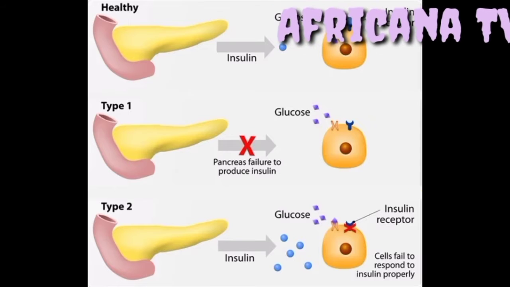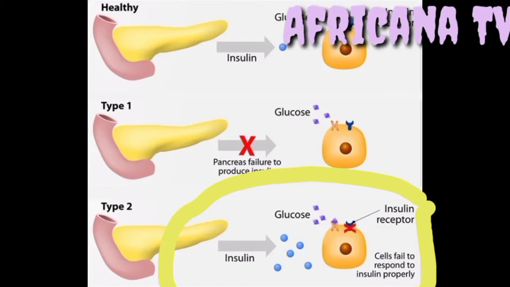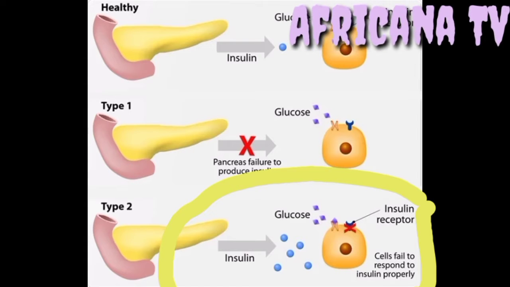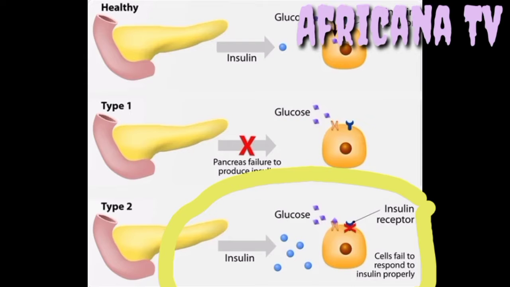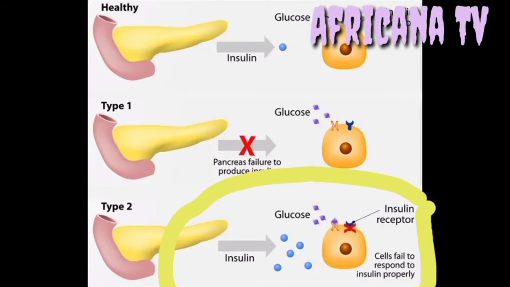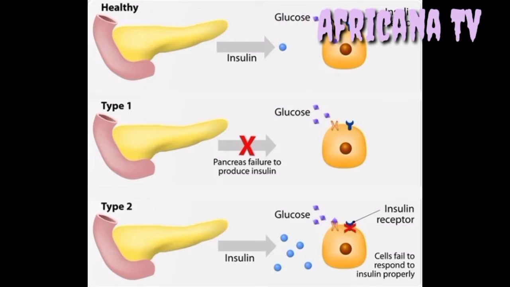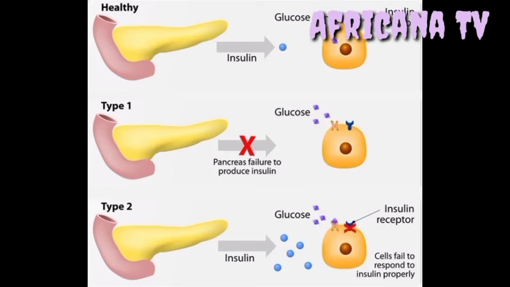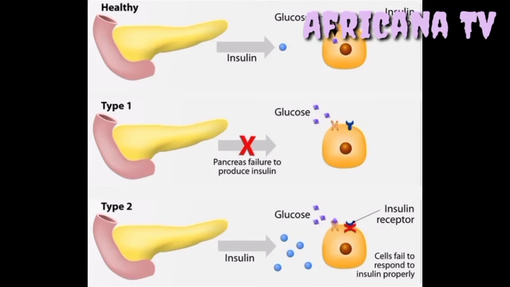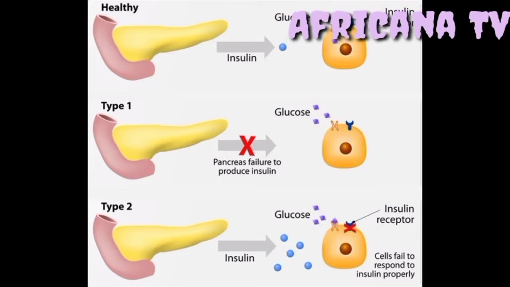Let's move on to type 2 diabetes. Type 2 diabetes is a chronic condition that affects the way the body processes blood sugar, which is the glucose. In this one, there is insulin, but the body doesn't recognize the presence of insulin, so it doesn't facilitate the absorption of glucose to be used as energy.